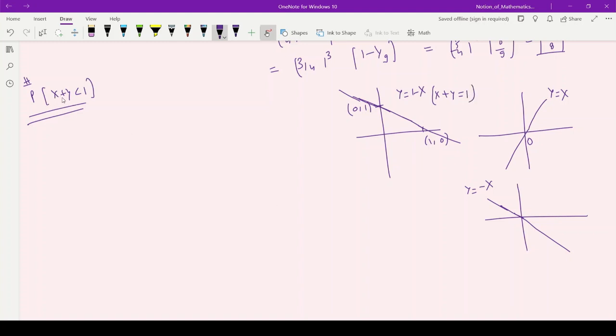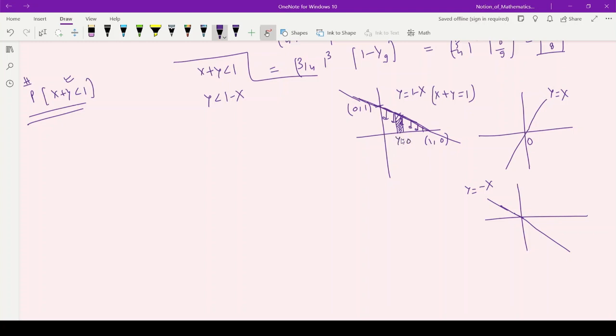Now we have to just work upon this region, where x plus y less than 1 means the limit of y should be less than 1 minus x. So less than 1 minus x means in such a particular way. So I will draw a vertical strip here, a vertical strip of y.